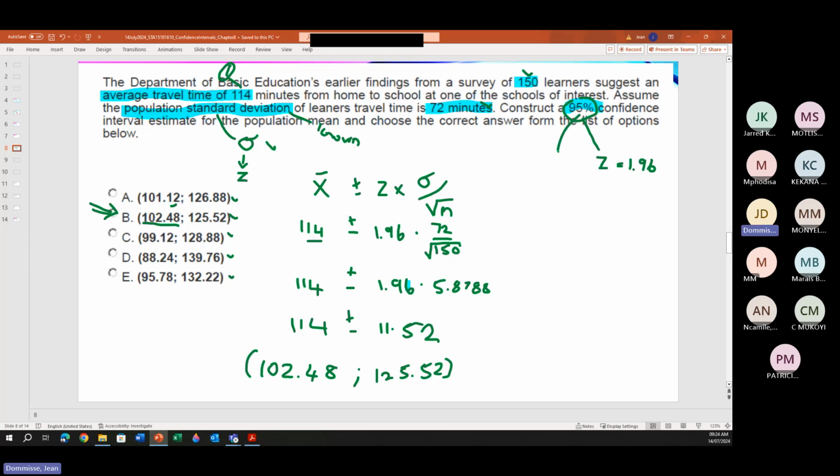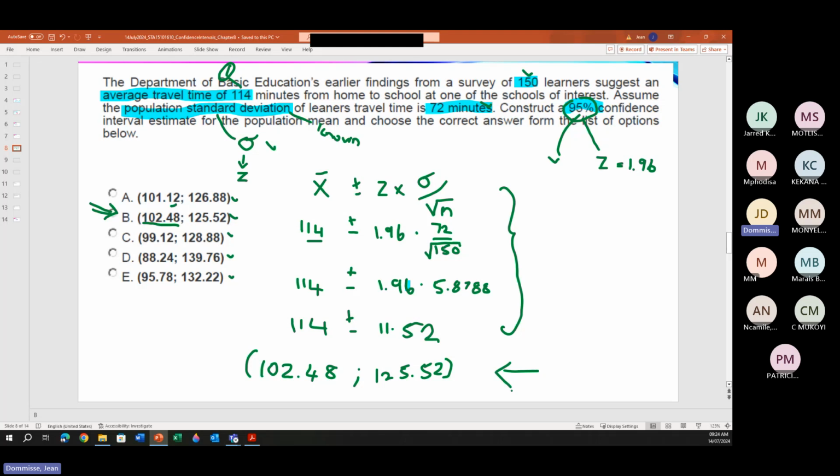We've got the confidence level. So 1, 2, 3, 4, 5 steps, and then we work it out to get to the answer. Okay, so that is again nearly the process that we will follow every time with these questions.